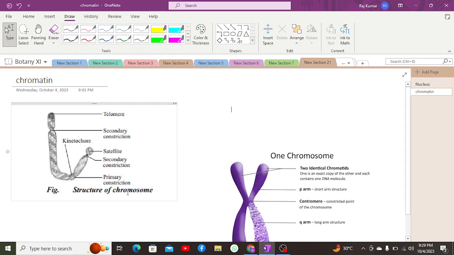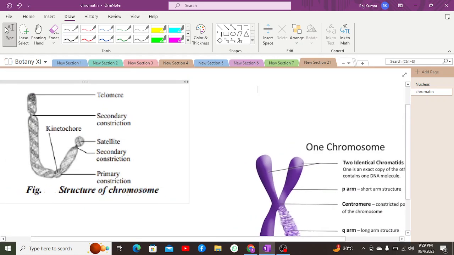Now when it comes to the structure of the chromosome, this is the basic structure. The chromosome is covered with an outer layer which is known as the pellicle. Inside the inner layer, there is the presence of a fluid or matrix.